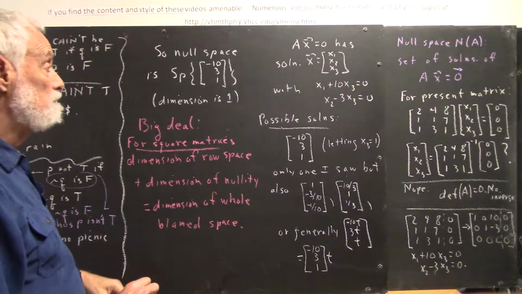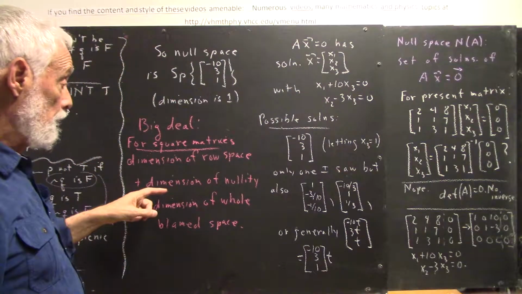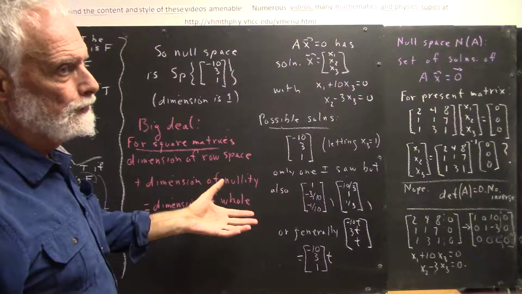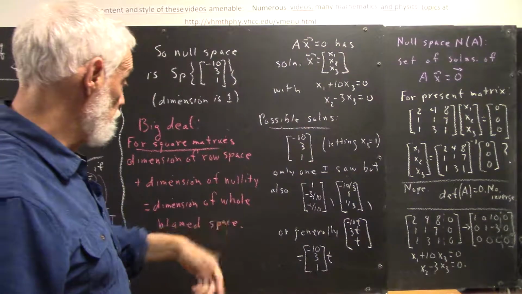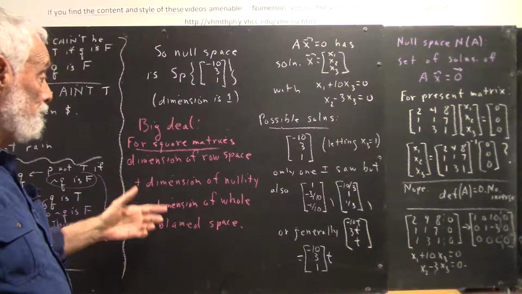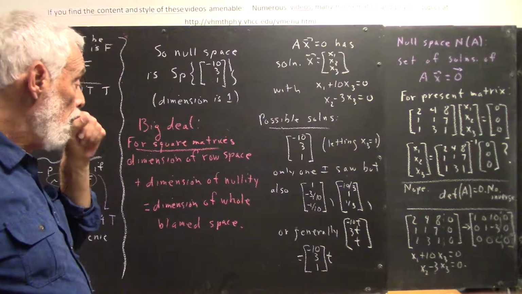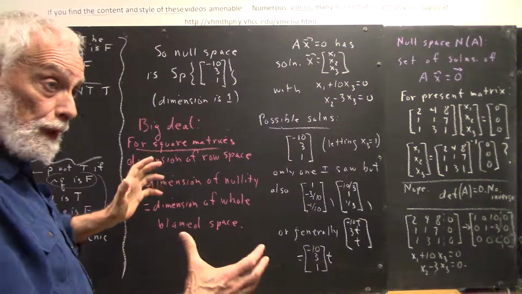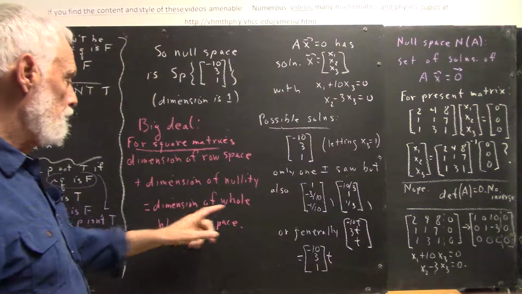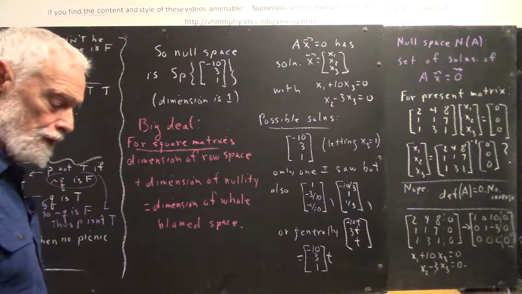A single vector is obviously linearly independent of itself. So the nullity, which is the dimension of the null space, is 1. Well, the dimension of the row space is 2, the dimension of the null space is 1. The whole space has dimension 3, because your vectors all have 3 components. So the dimension of the whole space equals the dimension of the row space plus the dimension of the null space.